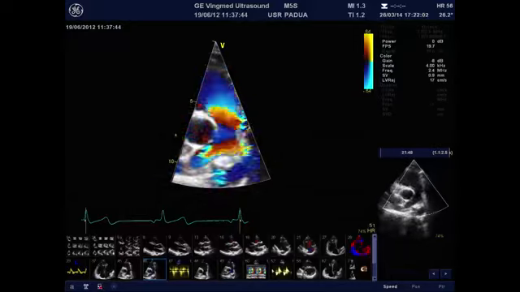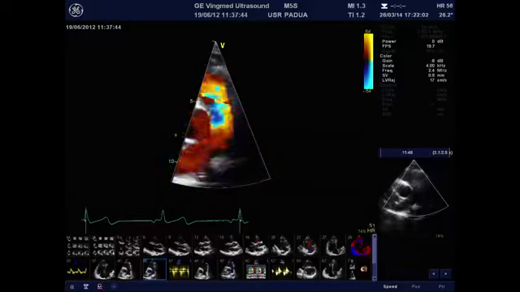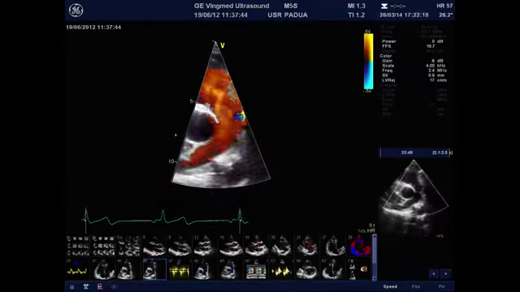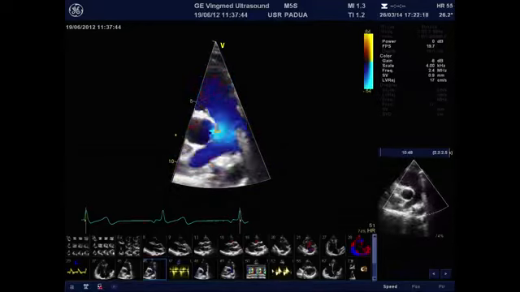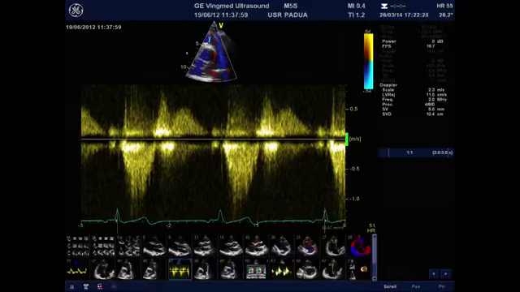regurgitation. If we would like to confirm that the origin of the reflow in diastole is at that level, we can also add the pulsed wave Doppler with the sample volume placed at the level of the right pulmonary branch, as you can see in the upper view.